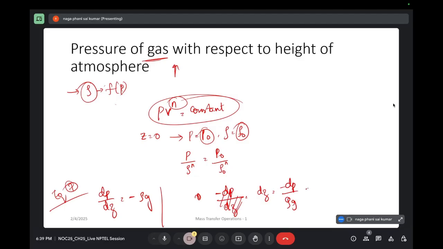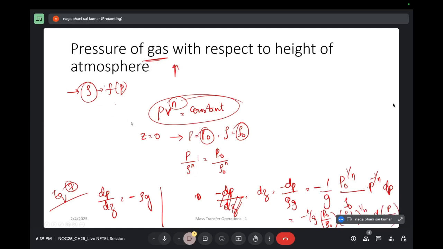Here, if you do the same integration, you will be getting minus 1 by g into P naught power 1 by n by rho naught into P power 1 by n into dP. If you simplify this, we'll be getting minus 1 by g into P naught by rho naught into P naught by P whole power 1 by n into differential P by P naught.